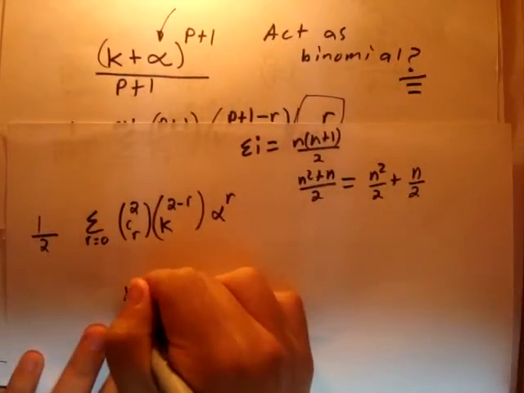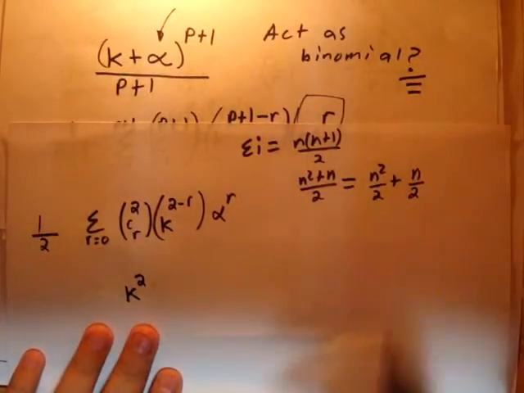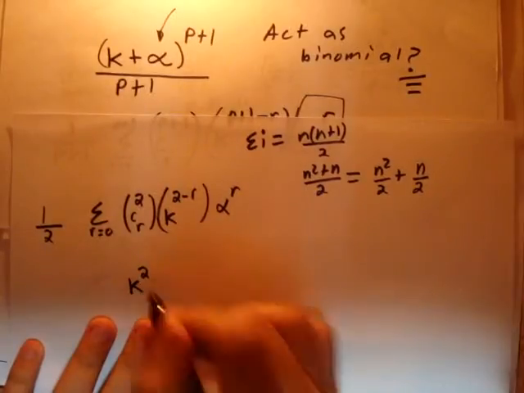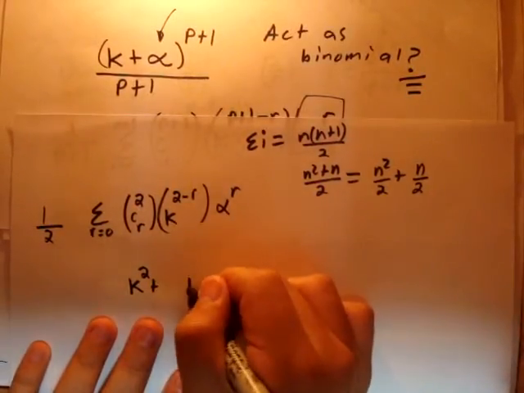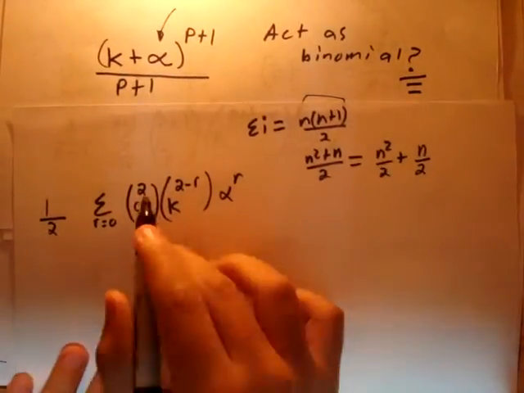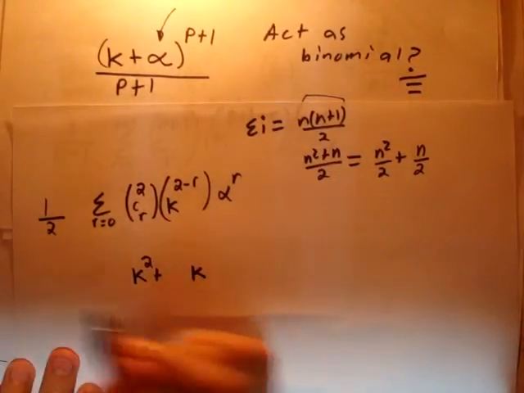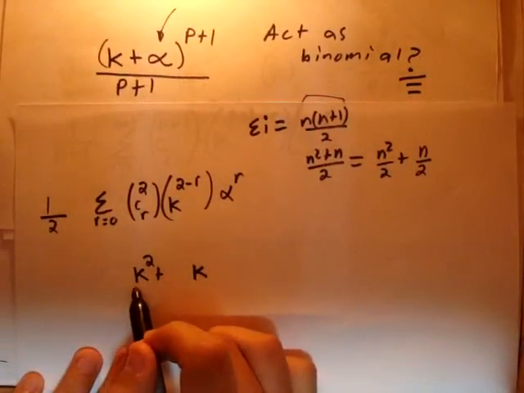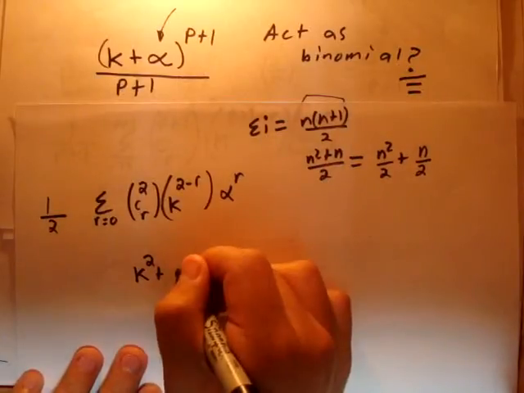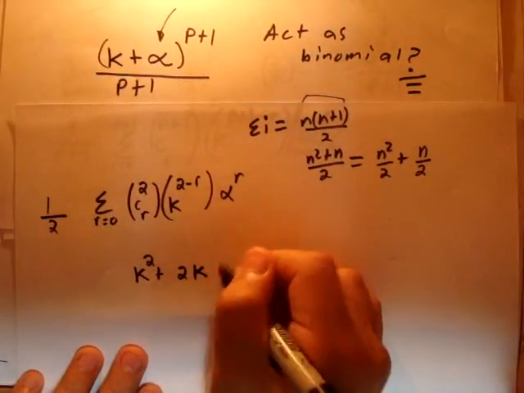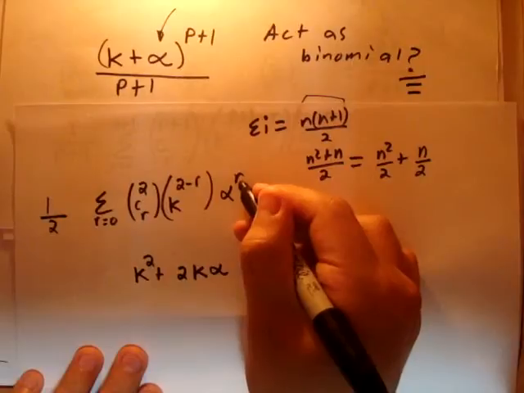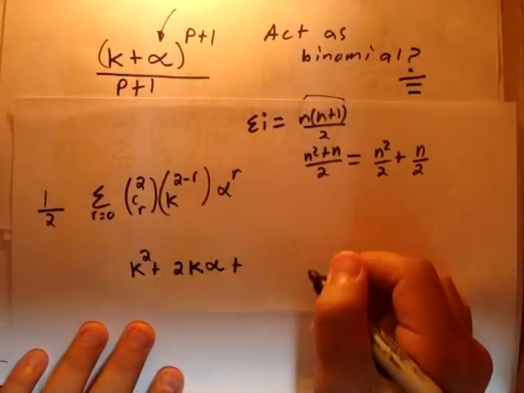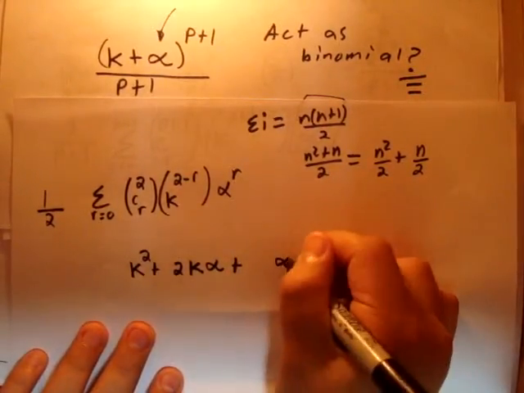That's k squared, or remember, k and n are the same thing. That's k squared plus, I'm just expanding it, k. Now here is 2 choose r, and here r was 0, here r is 1, so that's 2k. We're going to multiply times alpha, because r is now 1, plus k disappears, left with alpha.